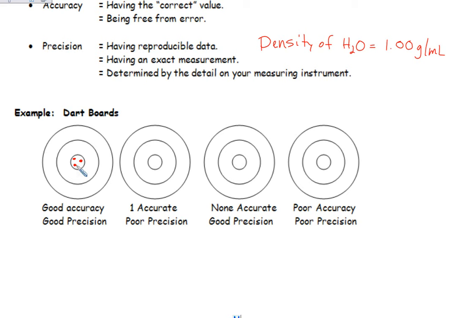If I were doing this in the lab, let's say I'm running this density of water experiment. Maybe my data is like 0.99 grams per milliliter. Let's say I run 3 trials. 1.00. And maybe the last trial is back to 0.99 grams per milliliter.